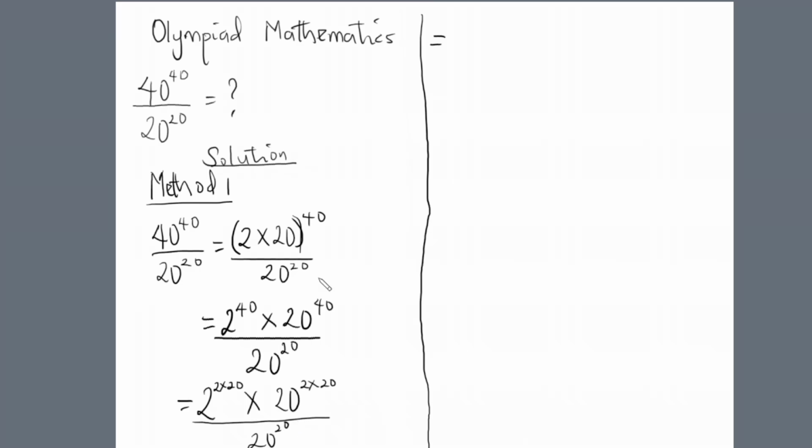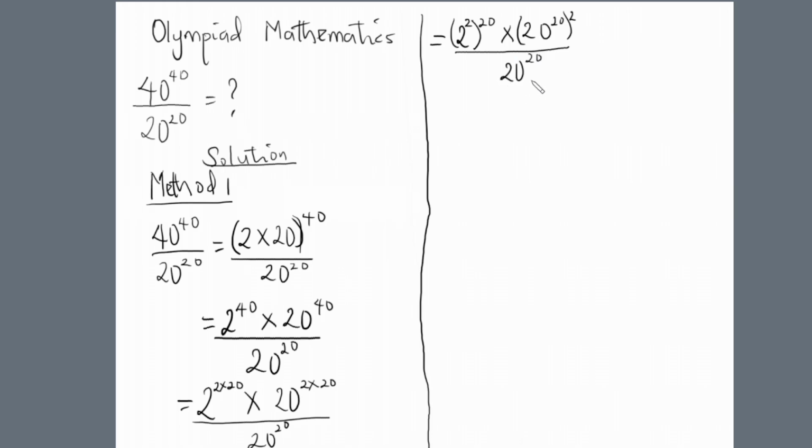So what I will do now is to rewrite the numerator. I will write it like this: 2 to the power of 2, and then put this in a bracket, to the power of 20, times 20 to the power of 20 to the power of 2, because we are multiplying the powers, and then we have divided by 20 to the power of 20.